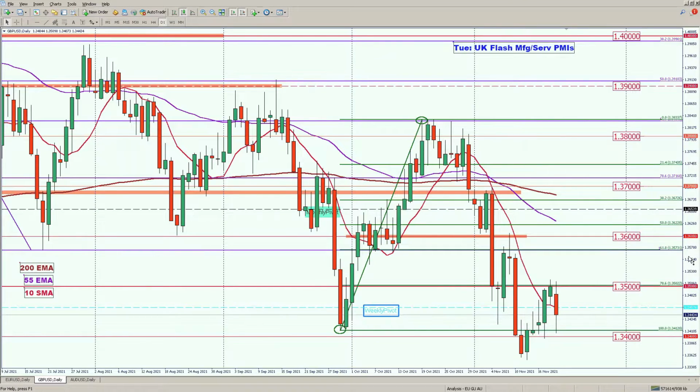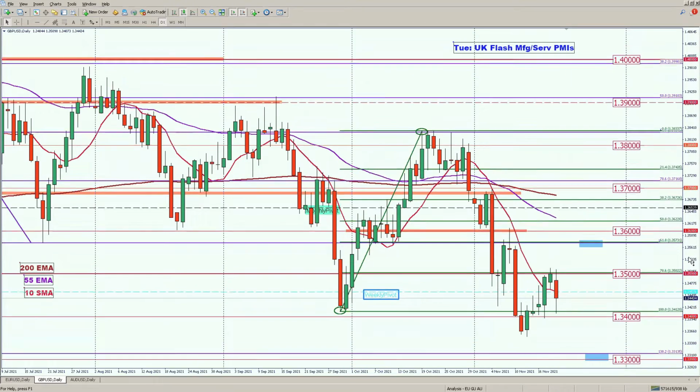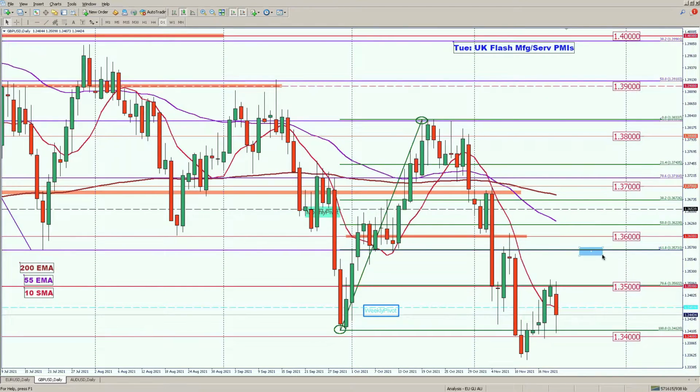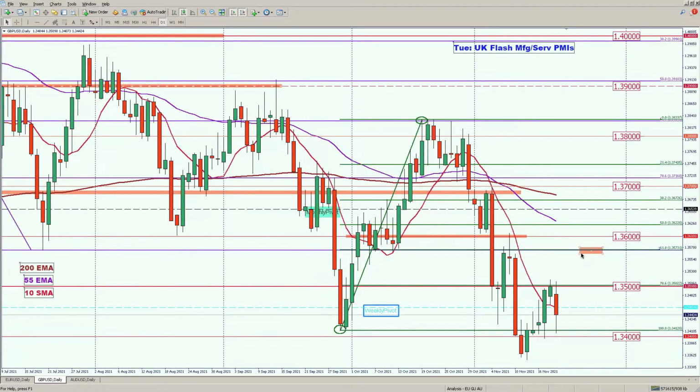So the resistance is now going to be at, let's mark this here, up here at this fib, the 62 fib retracement. Okay, and let's see if this trend line is able to hold.